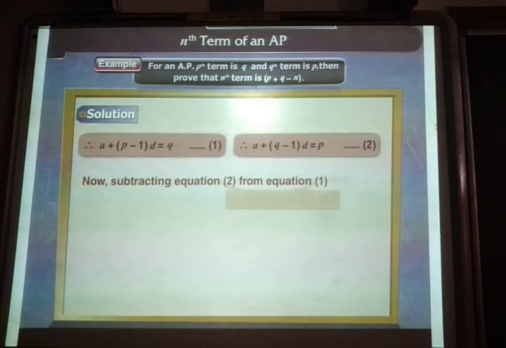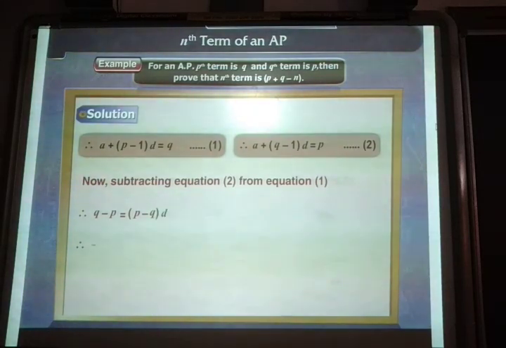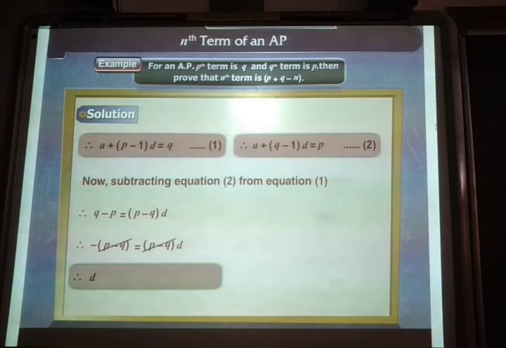Now, subtracting equation 2 from equation 1, Q minus P is equal to P minus Q into D. Therefore, minus P minus Q is equal to P minus Q into D. Therefore, D is equal to minus 1.